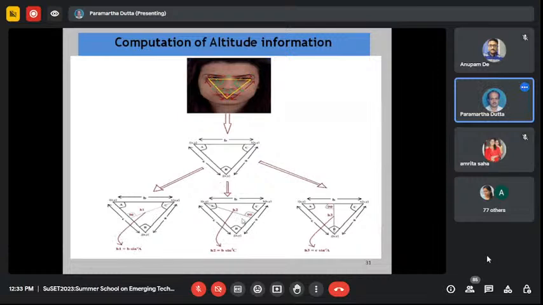The figures may not be that nice, but it's understood. We drop the perpendicular, and accordingly the altitudes are considered. These are the mathematical relations for the different altitudes; there is nothing new in it. These things are just used for the computation.